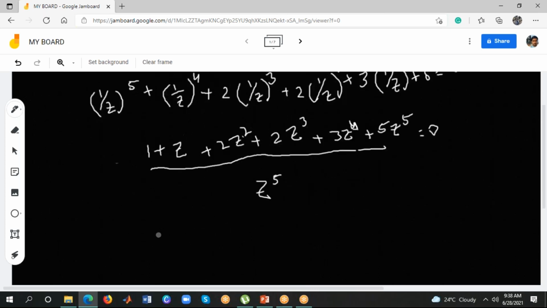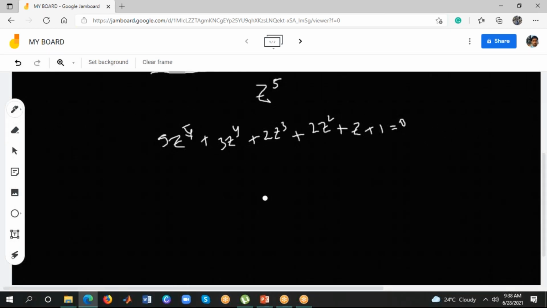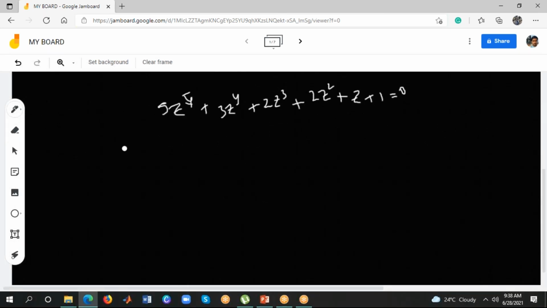Finally I'm going to write this equation: 5z power 5 plus 3z power 4 plus 2z cubed plus 2z square plus z plus 1 equals 0.